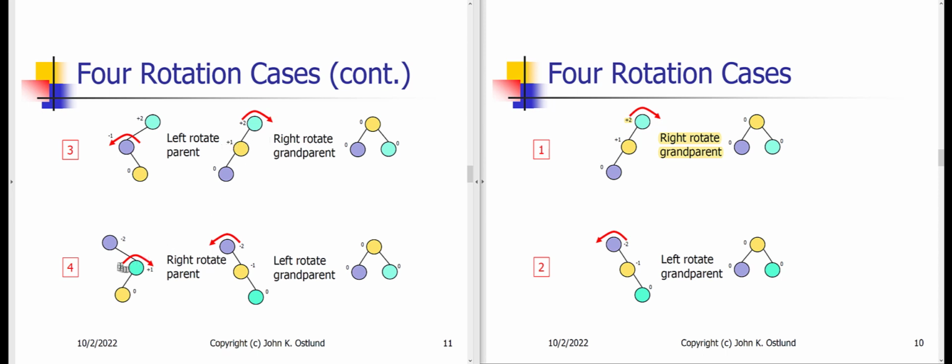We're going to do a right rotation on the parent of the new node to move it below the parent, and then a left rotation on the grandparent, again to get back to our perfectly balanced tree.